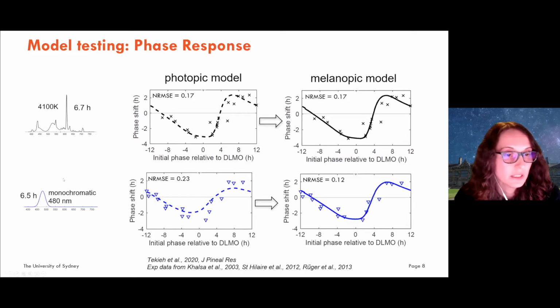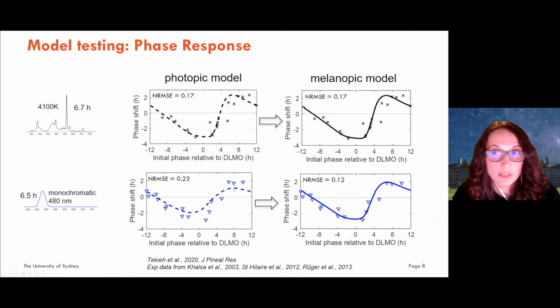An example here is using monochromatic blue light peaking at 480 nanometers. In this case, we use the same type of protocol to record the phase response curve. If we use the original photopic model, it qualitatively does produce correct results, but quantitative agreement is not that good.